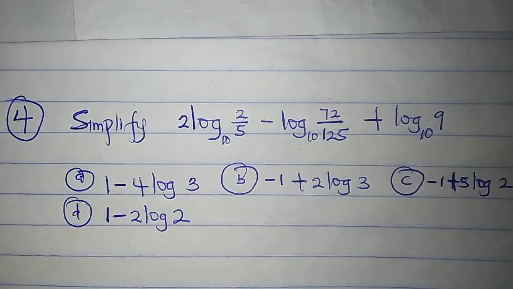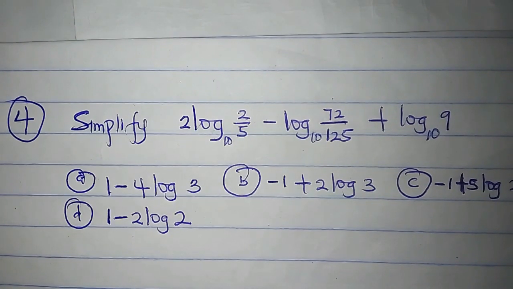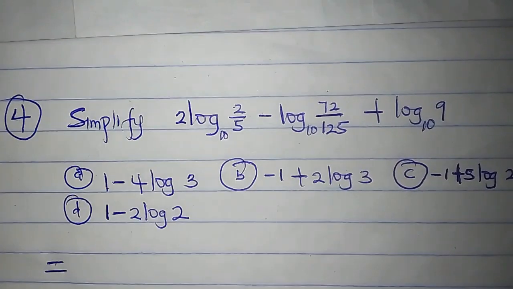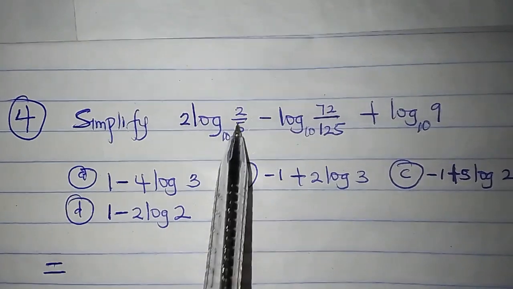It's as simple as this. So to evaluate this, I'll do some manipulations with the laws of logarithm. These two can form a power here of 2 over 5.